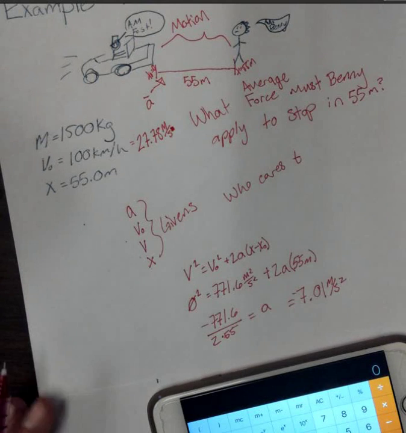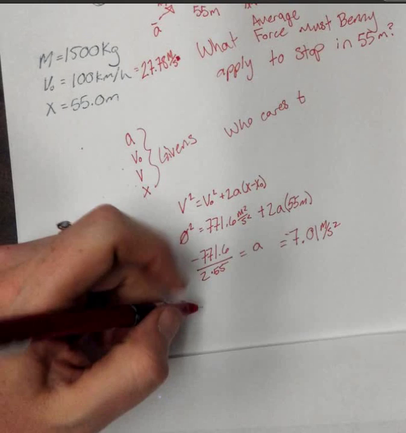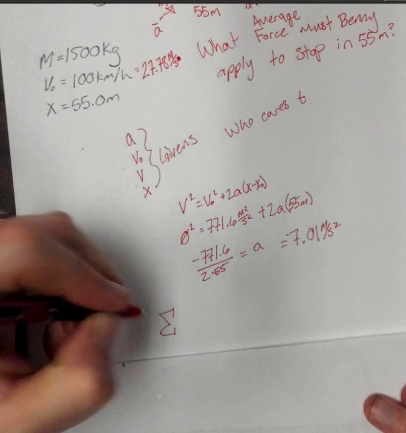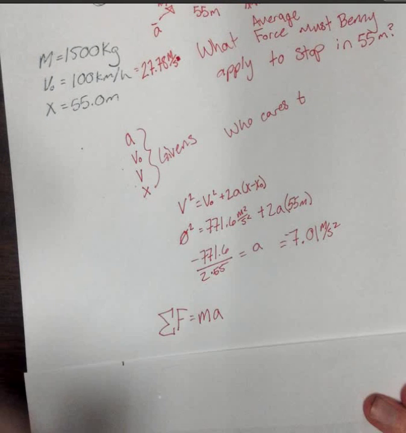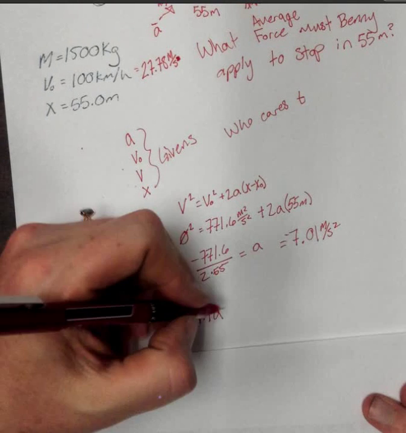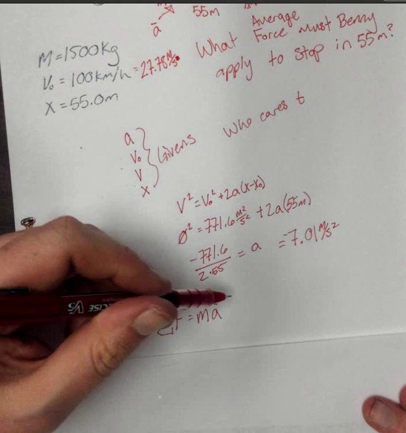Well, we know that whatever average force has to happen, the result of that force had better cause that acceleration. If we're going to get the force that has to be applied to give you a stop, then we need the mass of the car.